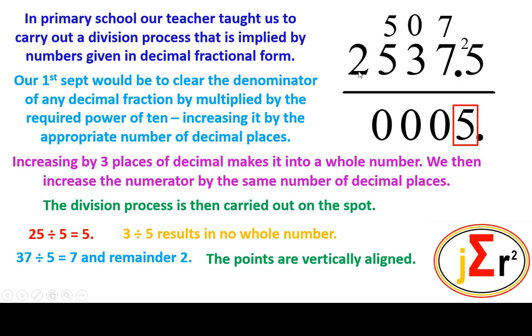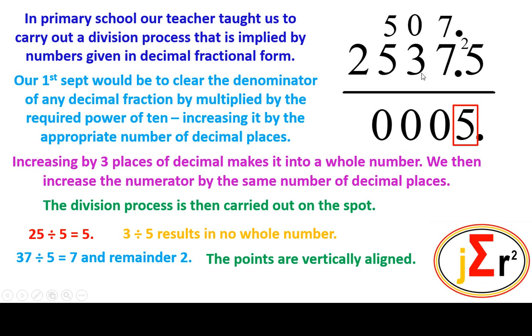We traverse the digits doing our division. When we get to the decimal point, then we do what's right with the decimal point, and it will be vertically aligned with the 1 in the answer. As a matter of fact, the 1 in the answer is required to be vertically aligned with this one.